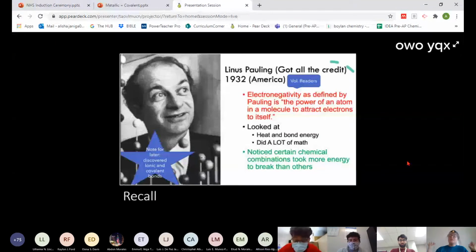Absolutely wonderful. So we talked about this guy, but if you forgot about him, understandable. He was the one that discovered electronegativity, which is how well atoms attract electrons to themselves. And that's important for what we're going to talk about.